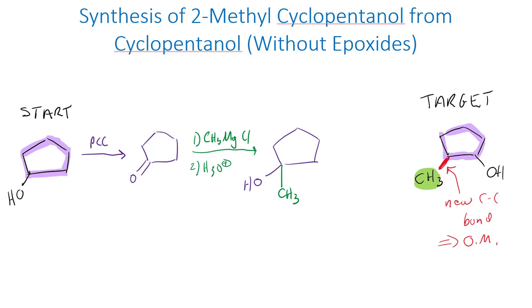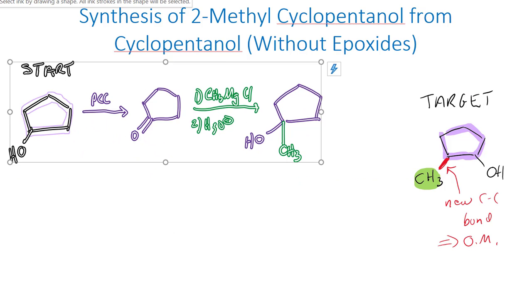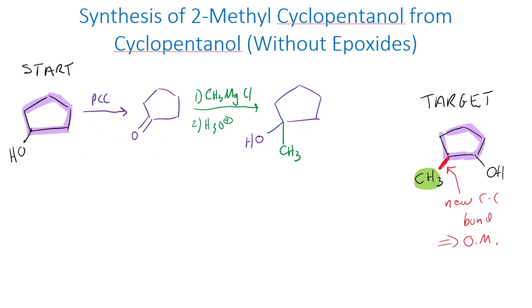Then we would do an old trick that we learned in Organic 1, which is to move a functional group like an alcohol over by using an alkene as an intermediate.